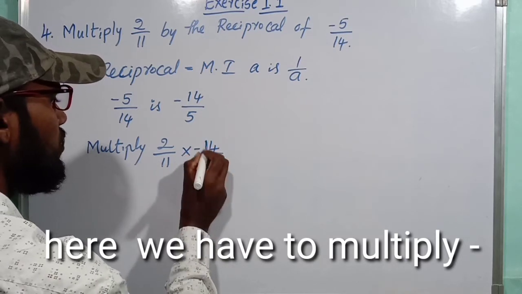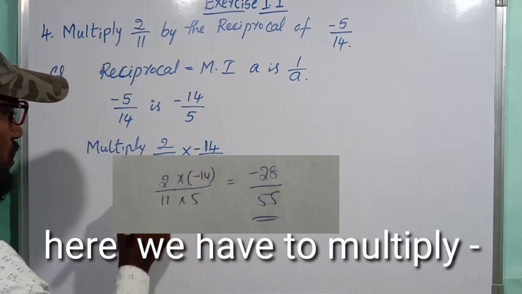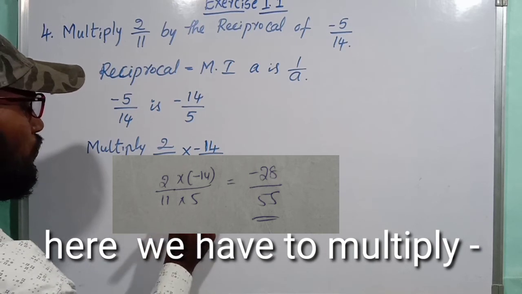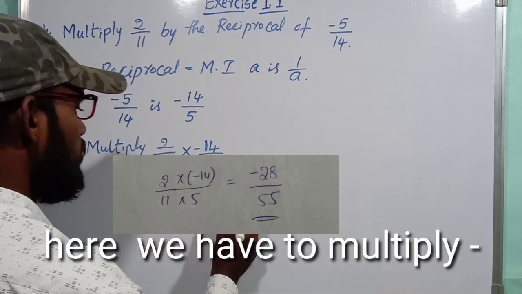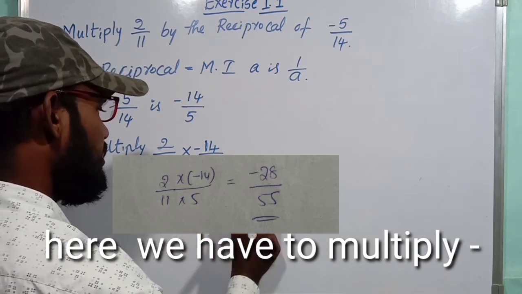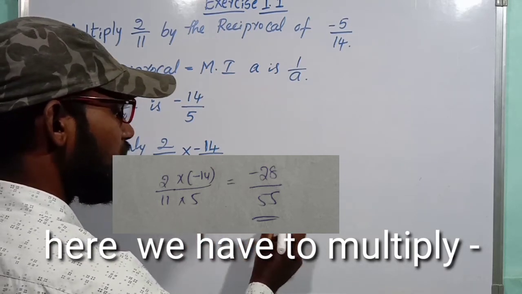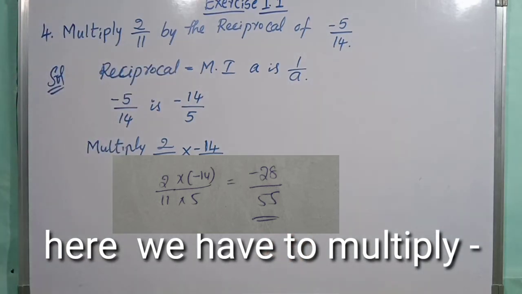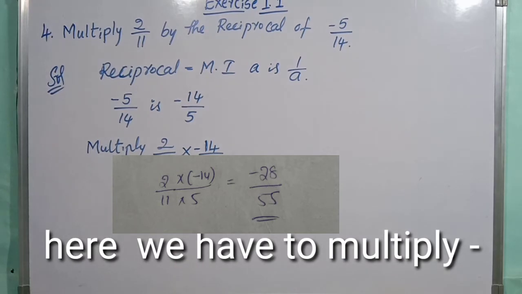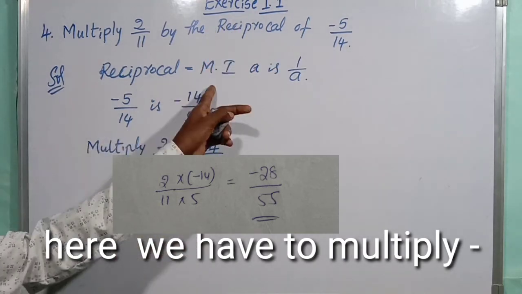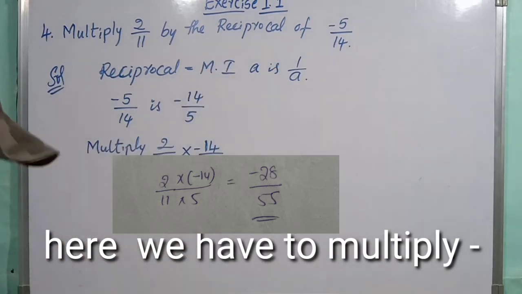Now do this product: 2 into 14 by 11 into 5. So 2 fourteens are 28, 11 fives are 55. So this is our answer. Everyone clear? Here we have to know the reciprocal. Reciprocal is nothing but multiplicative inverse. Everyone clear?